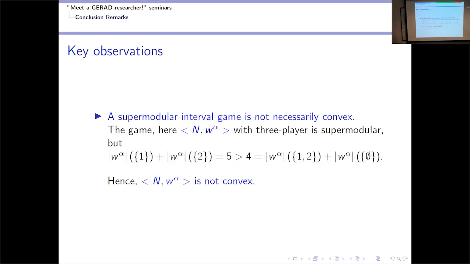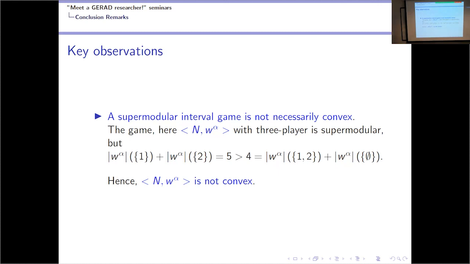And so this is what I mentioned before. The game given by W alpha is not convex because of the second condition. I just wanted to write here: the length of W alpha of coalition 1 plus the length of W alpha of coalition 2, which is 5, it should have been less than or equal, but this is not.